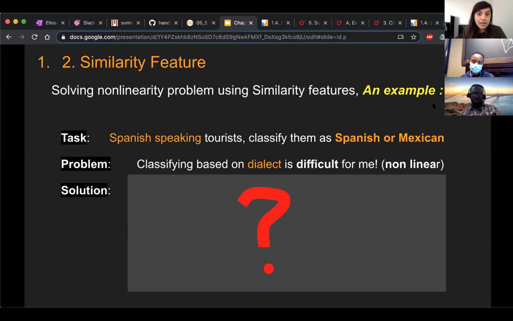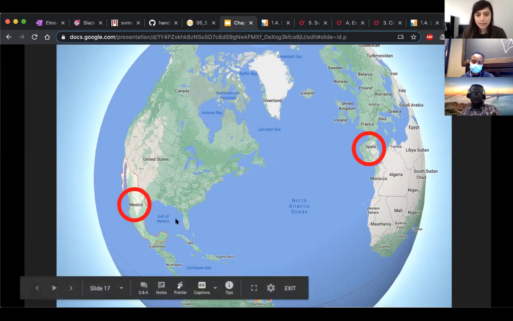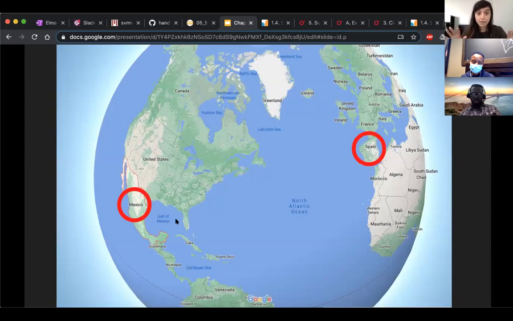I'm good at geography, so I thought about this. I know that people from Spain and Mexico both speak Spanish. And these reds are their dialect features, and I have no clue what they are.